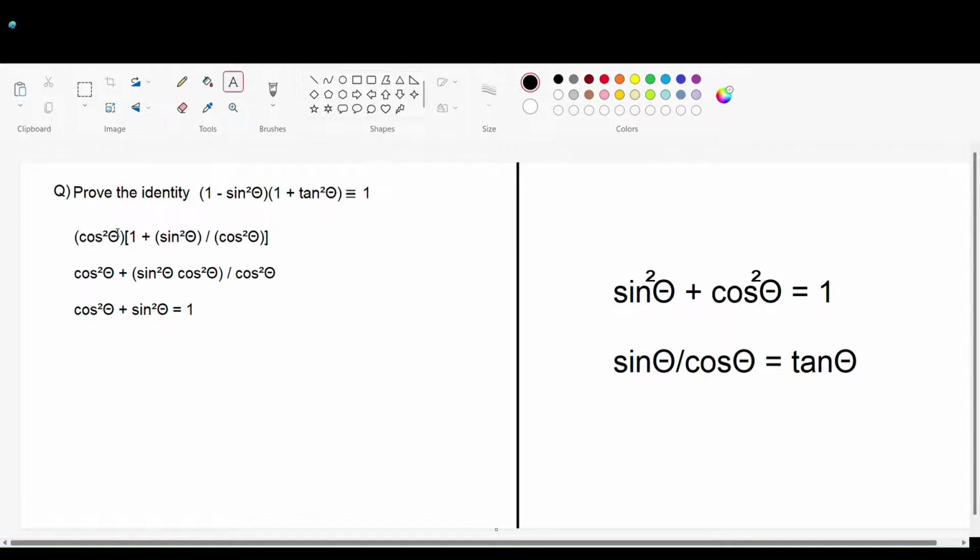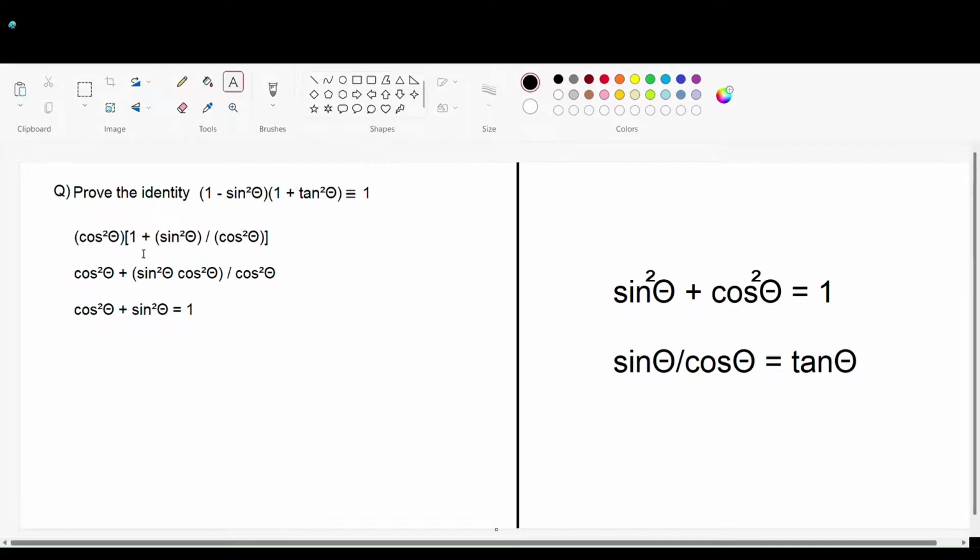So we usually take the left hand side and simplify it until it is equal to 1, hence it proves the identity. So our first step would be we would convert 1 minus sine squared theta into cos squared theta, and tan squared theta into sine squared theta divided by cos squared theta.